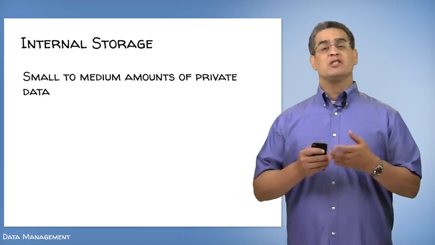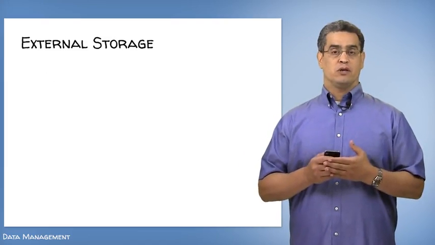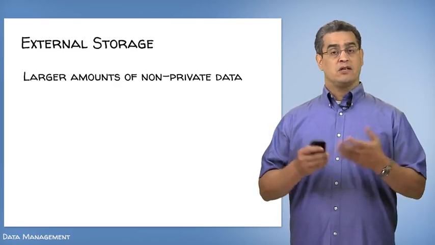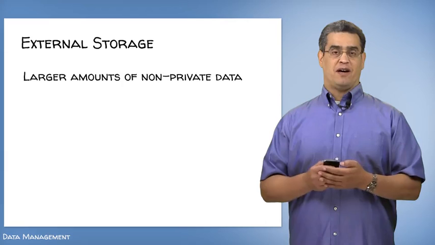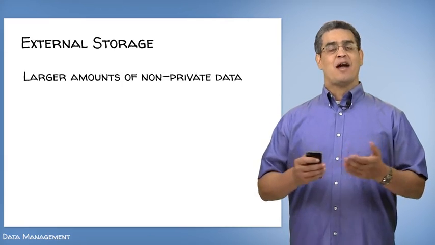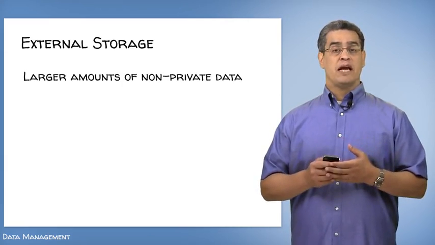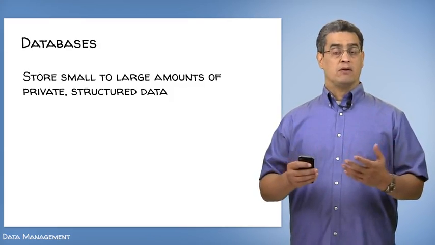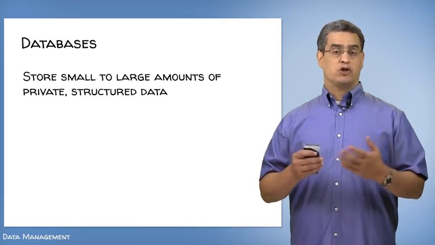Your applications will typically use external storage when you want to store larger amounts of non-private data, such as songs or video files. And your application will typically use databases when you intend to store small to large amounts of private, structured data.